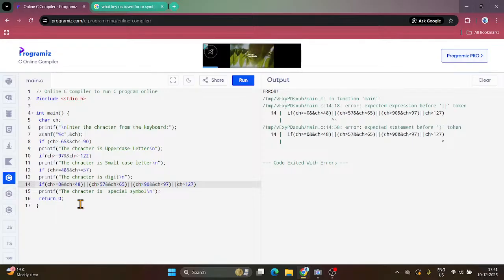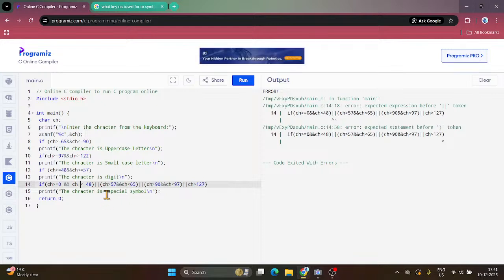You see, the current character is 0 and CH is less than 48.